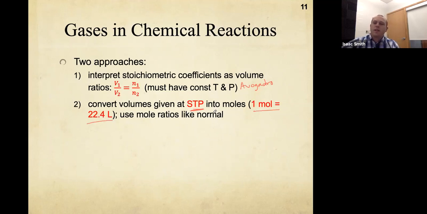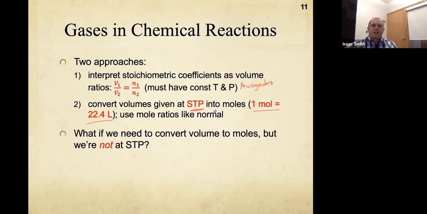So the 2 problems we did are the 2 different approaches that we've talked about so far. The only other thing we need to talk about is what if we need to convert from volume to moles, but we're not at STP and we're not in a case where Avogadro's law applies. Basically we need another rule that covers every other scenario.